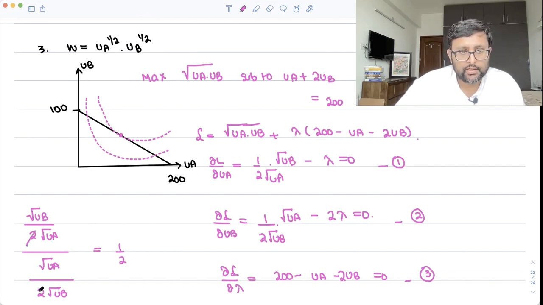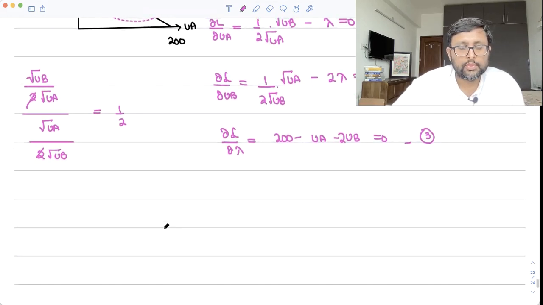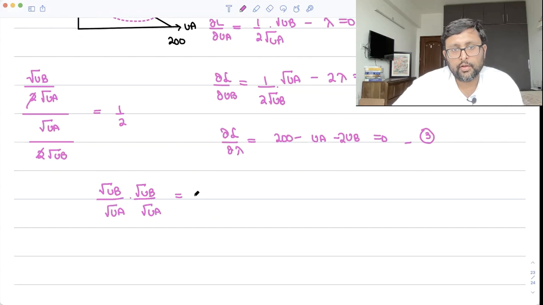Now this thing is going to get cancelled out, right? So if I just want to simplify this, what you will be getting is root of UB whole upon root of UA, upon root of UA upon root of UB. This is going to be root of UB root of UB is equal to half.